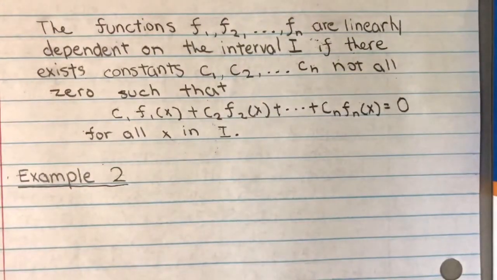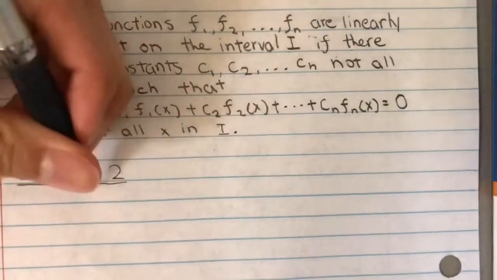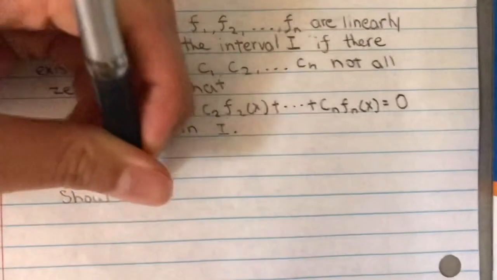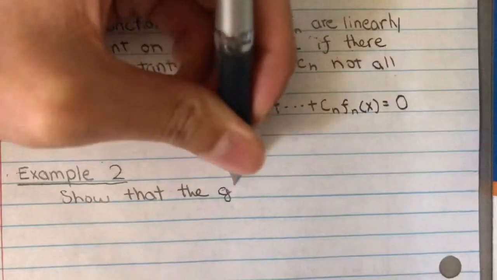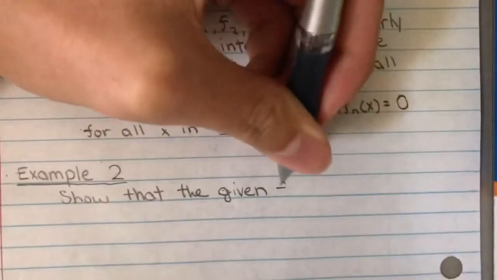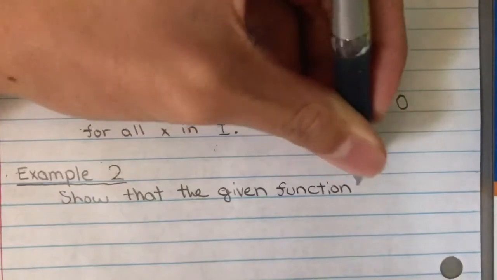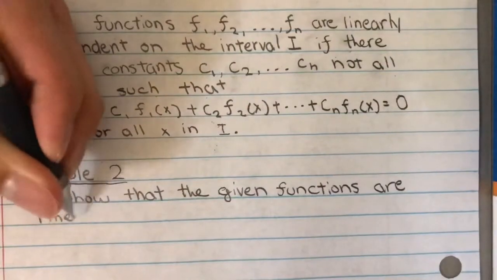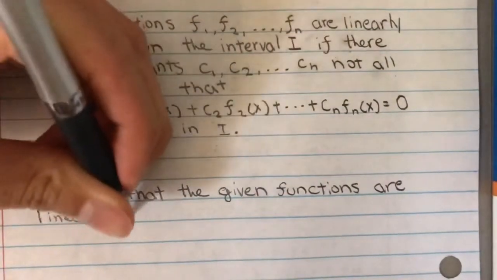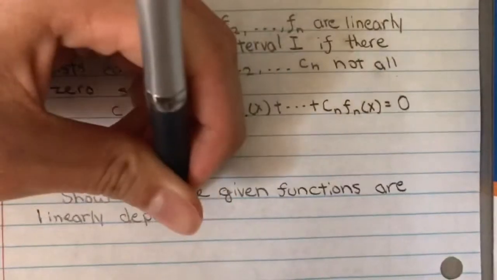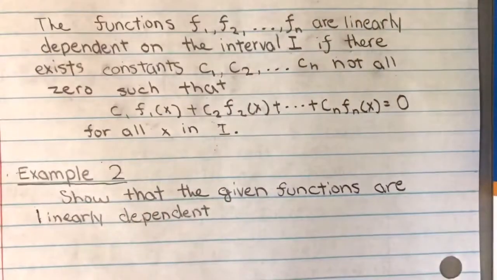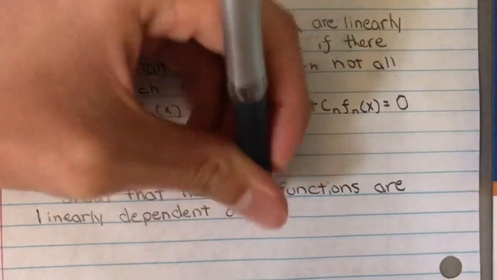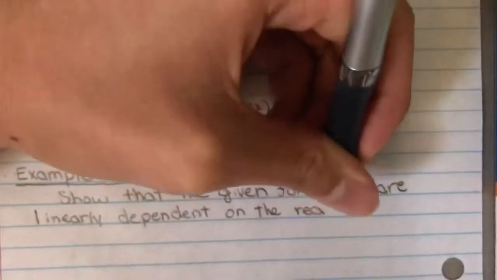Alright, so this is example 2 on linear dependence of functions. Example 2, show that the given functions are linearly dependent on the real line.